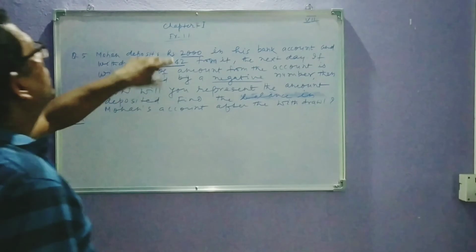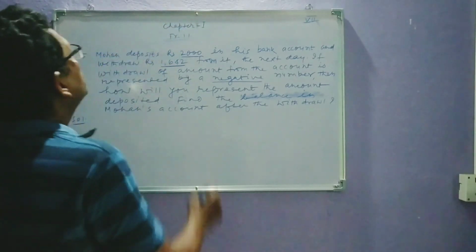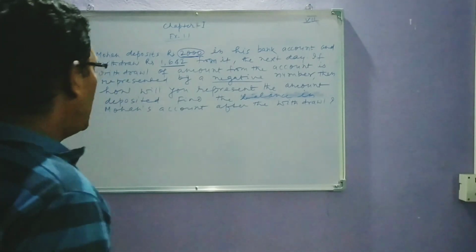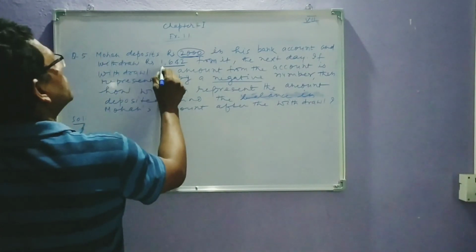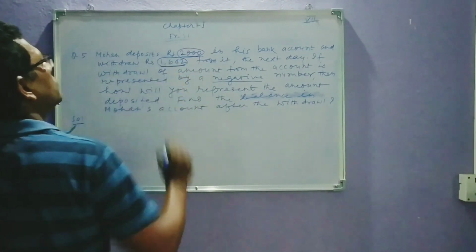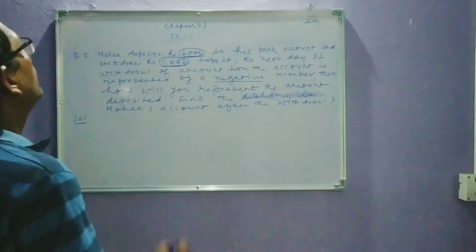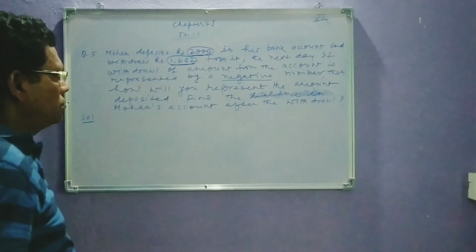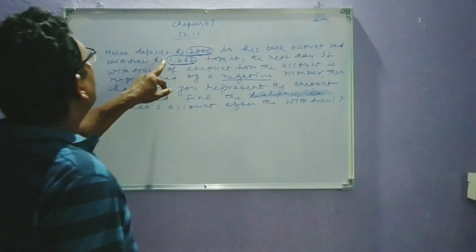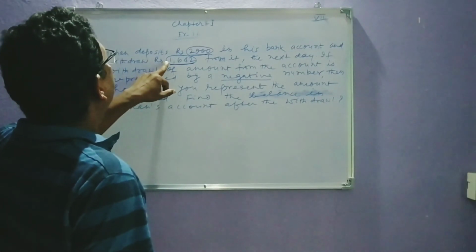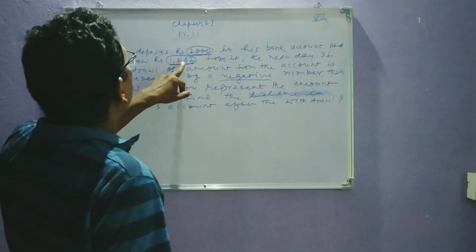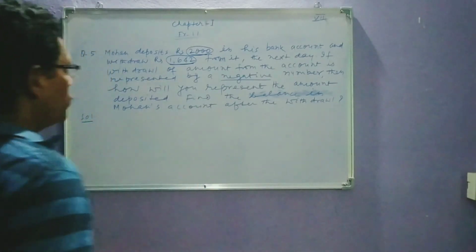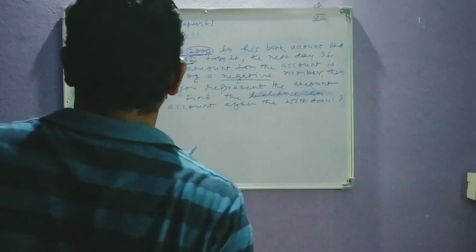First you write this amount in the amount credited, and write this amount in the second row, amount debited, and put a minus sign or negative sign before 1642 because this amount has been withdrawn by Mohan.